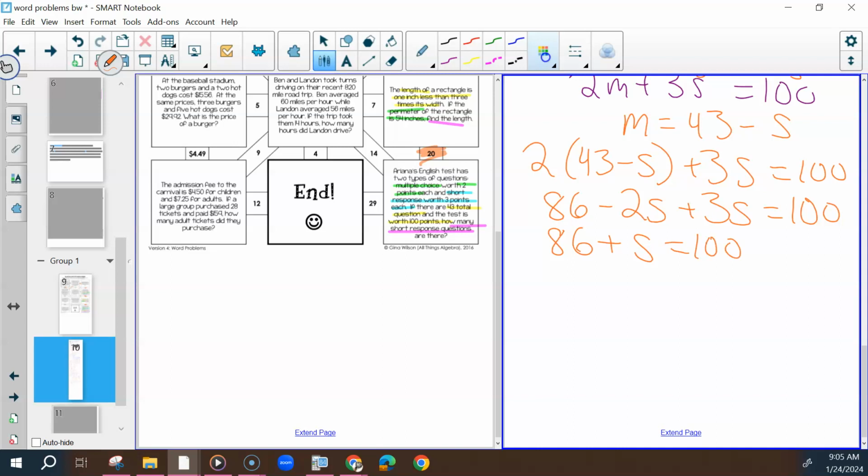So when we solve for S, we get what? Fourteen points.